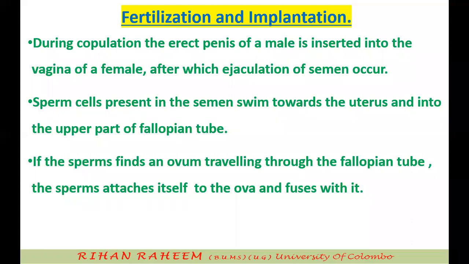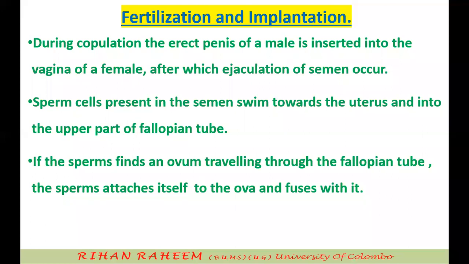Then they will go up to the uterus and into the fallopian tube. I told you sperms travel very fast. If the sperm finds an ovum, some people say ovum, some say ova, some say egg, whatever.